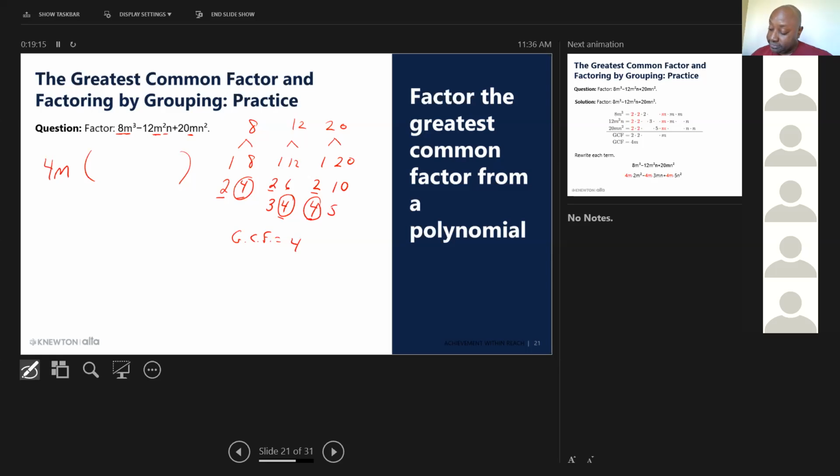Now I ask myself, 4m times what will give me 8m to the 3rd? Well, 4 times 2 would give me the 8. And then m times m to the 2nd power gives me m to the 3rd power.